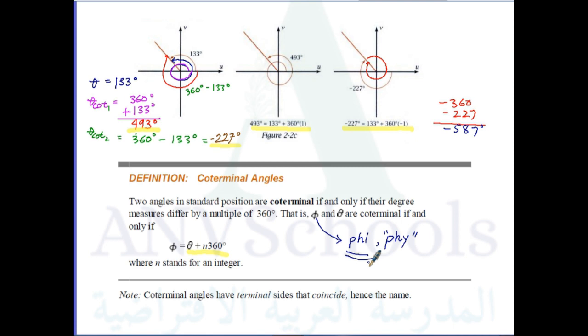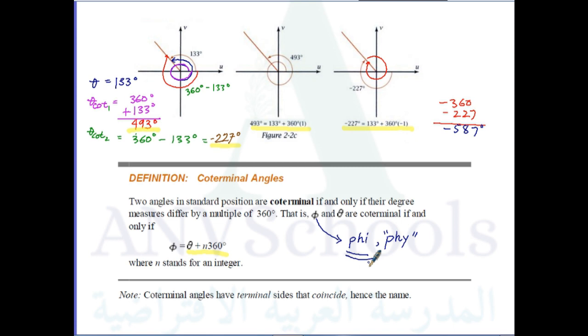So n could be negative or positive depending on the direction. If the rotation you took came from a clockwise direction, it's negative, and it will be positive if the direction is counterclockwise.